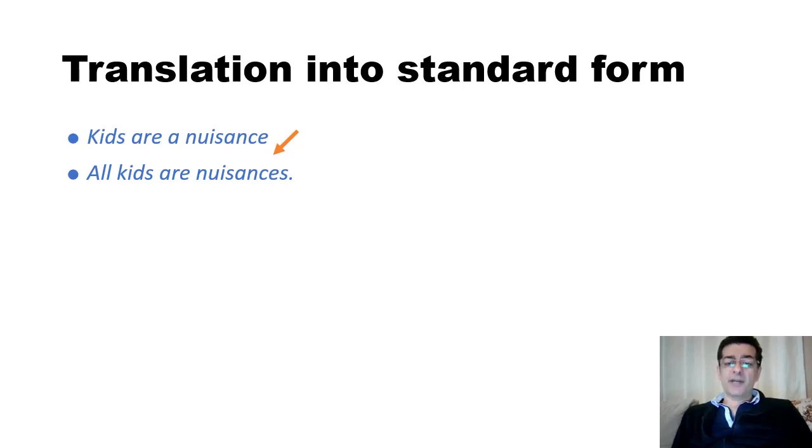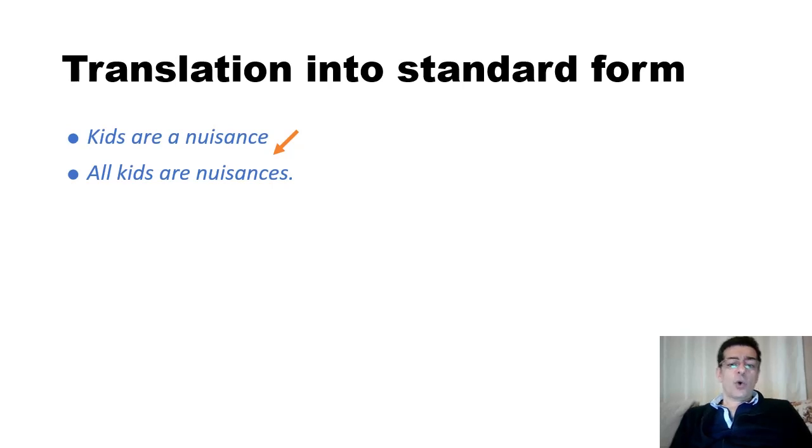For instance, if I say kids are a nuisance, can you tell me whether this is a standard claim? Kids are a nuisance. We say, no, it's not. Let's change it into a standard claim. Remember we had four standard claims.